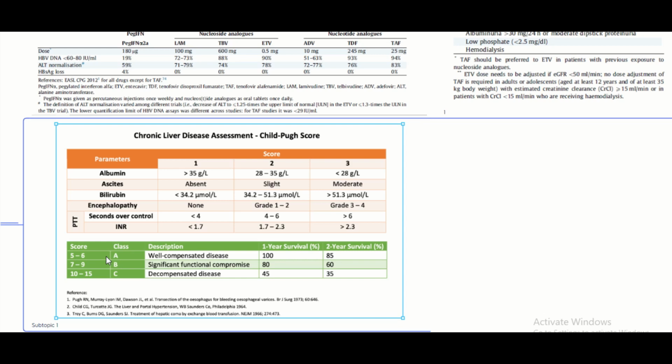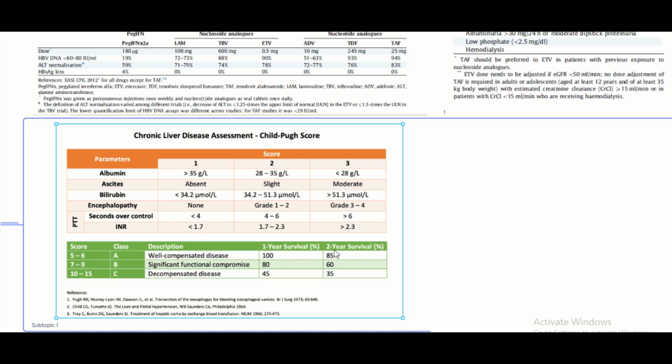So we have to make the score by checking each of these parameters: albumin, ascites, bilirubin, encephalopathy, seconds over control, this is for PT, and INR.